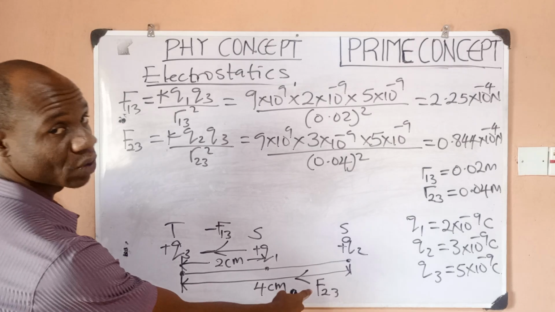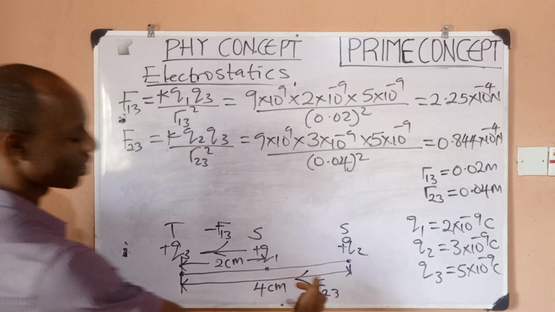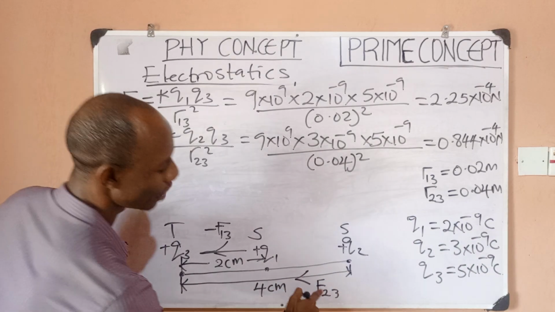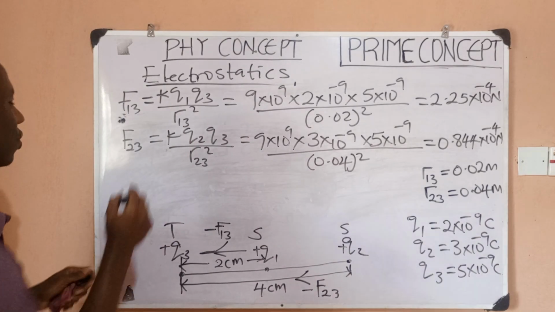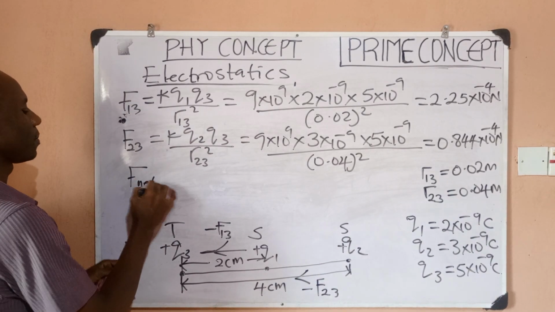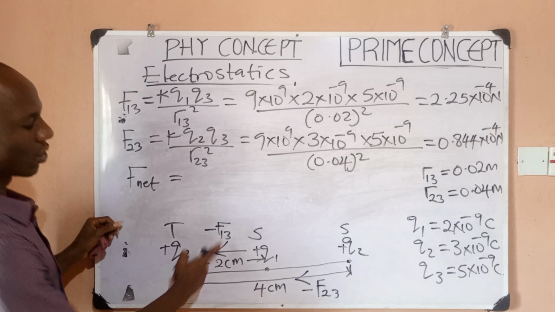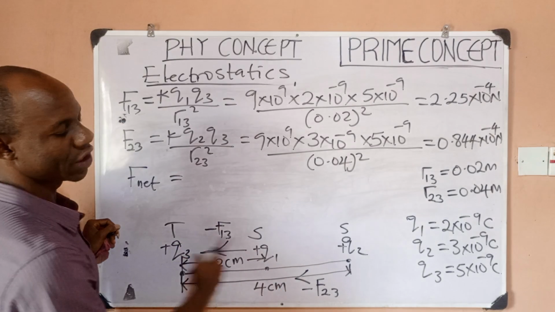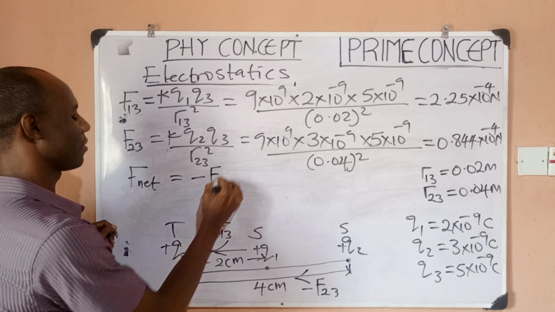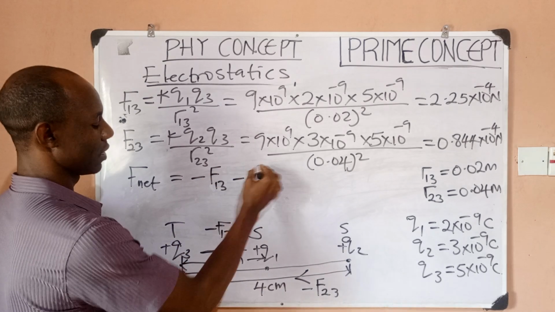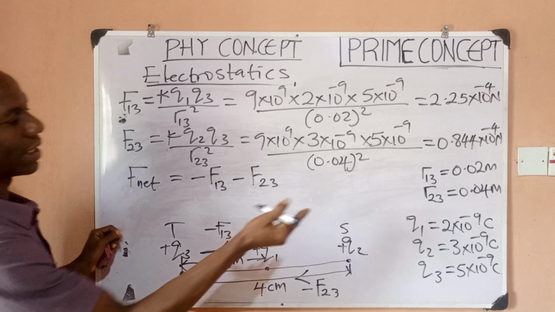It's pointing towards the negative, so F23 is also negative. Now the next thing is to find my net force. My net force is the algebraic summation of both of them, which is minus F13 minus F23.